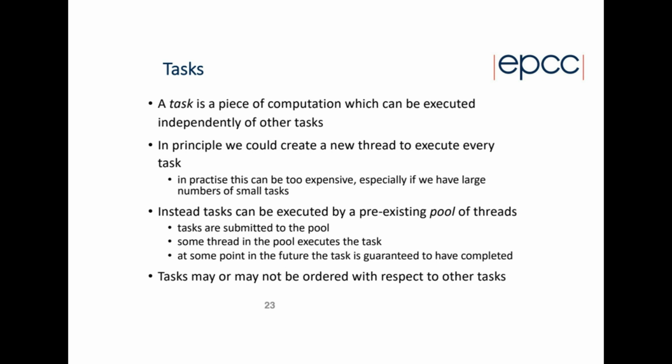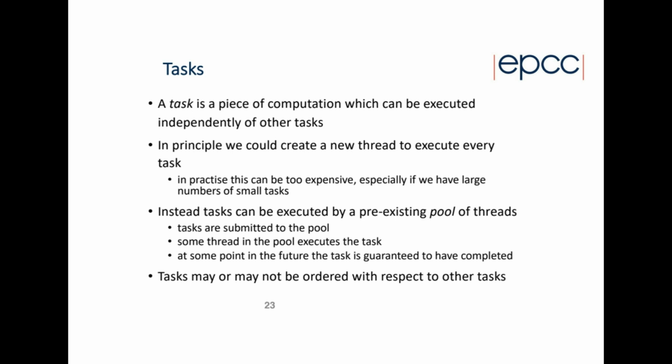So instead, the concept we can think of is that tasks are executed by some pre-existing pool of threads. What we do is we create a fixed number of threads, and in practice, we probably want to match that number to the hardware resources we have available. As I said before, we typically think about a one-to-one mapping of threads to cores for performance reasons.